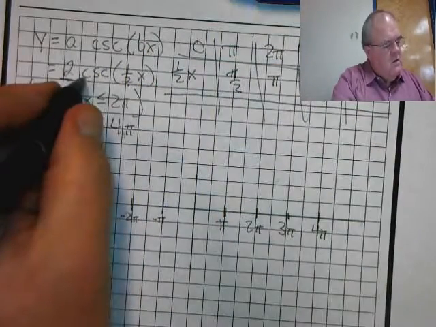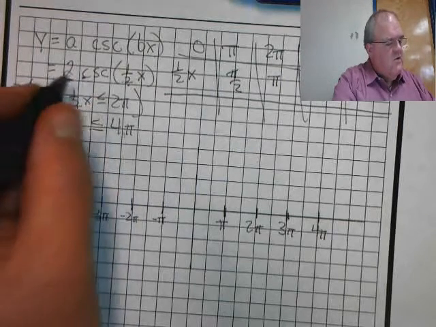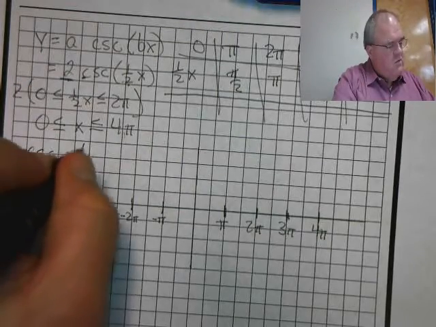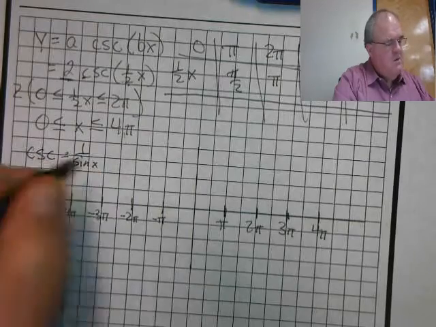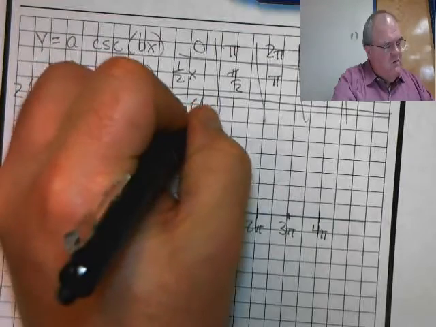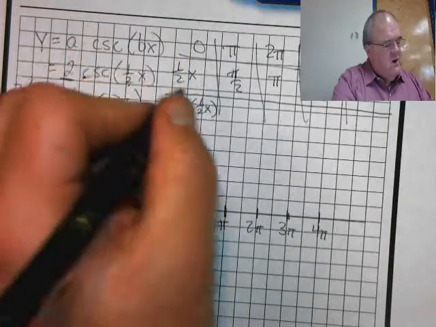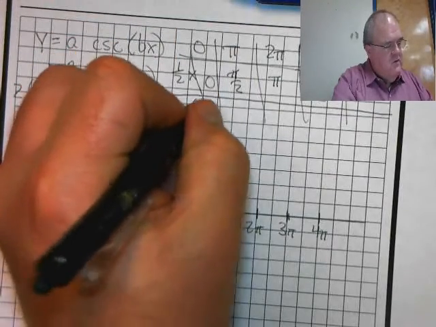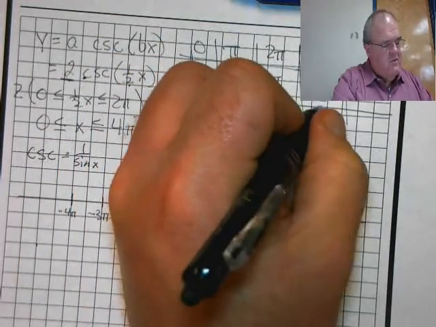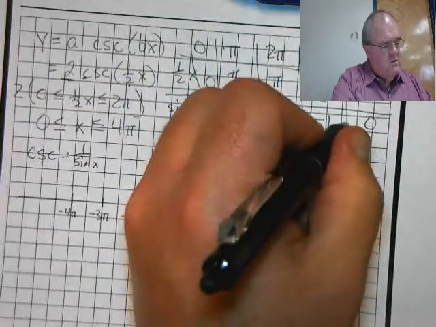So now I'm going to change this, because I know that cosecant equals 1 over sine. So I'm going to say that the sine of 1/2 x, so the sine of 0 is 0, sine of pi over 2 is 1, sine of pi is 0, sine of 3 pi over 2 is negative 1, sine of 2 pi is 0.